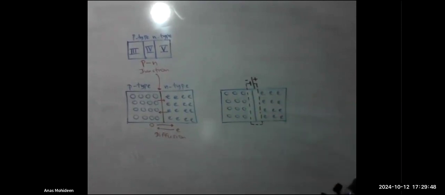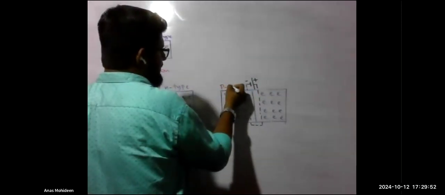Here the problem is, on the P type side you have the negative terminal, and on the N type side, which should be negative, you have the positive terminal. How? Because of the transferring of these charges.